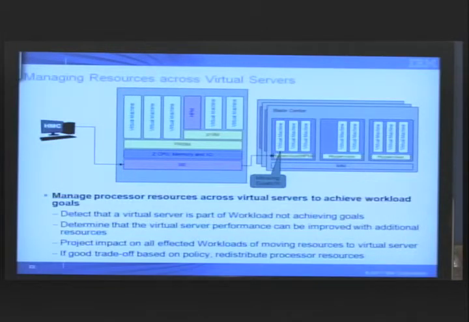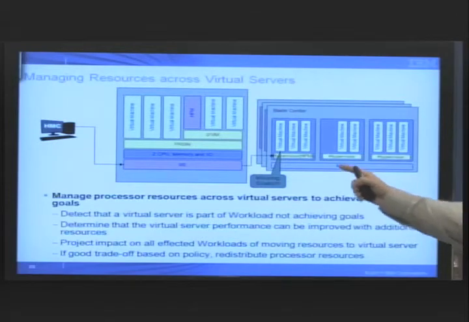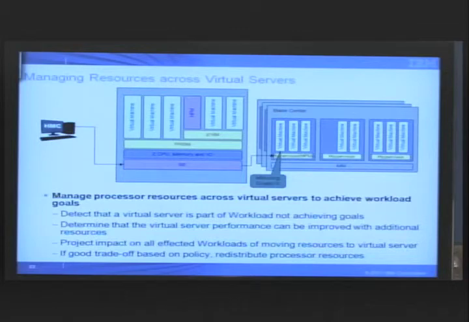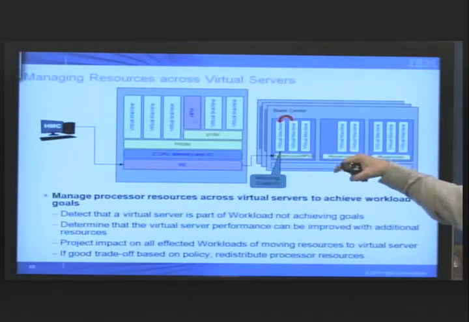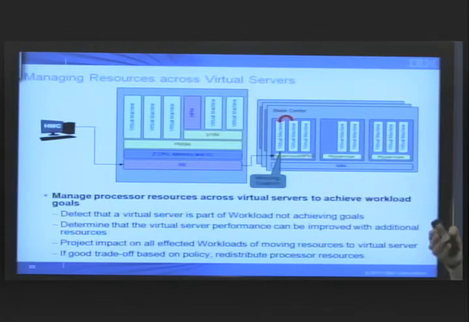If that's the case for such a virtual server missing its goal, then we look at the other virtual servers on the same blade, for example, using that same model, and see what would happen to them if we took some CPU away. Based on the policy, we can project how much we'd hurt this virtual server by taking resources away. If the policy defines it as less important than the one we're trying to help, that would make sense.